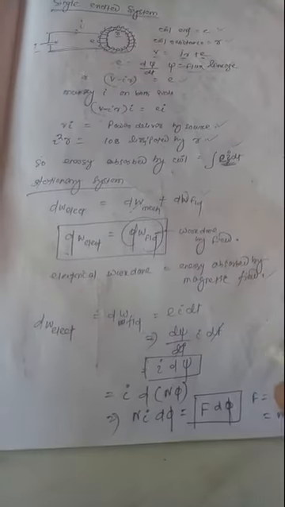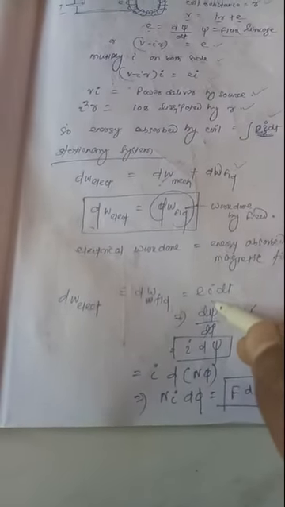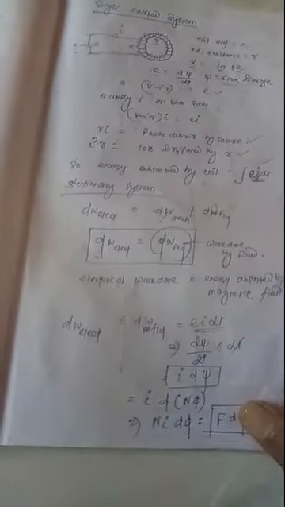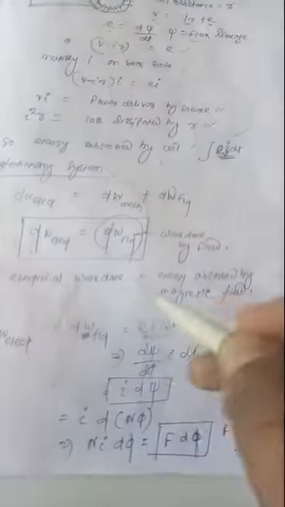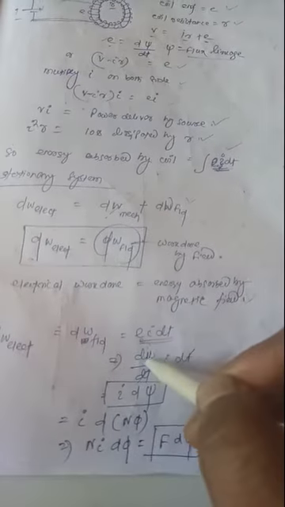So this is equal to EI into dt. The electrical energy, voltage, current into time, VIT. This can be written as d psi by dt into I dt, because E is equal to d psi by dt.